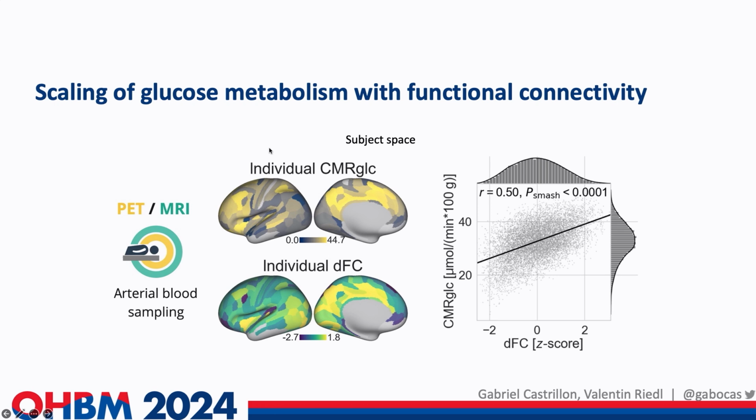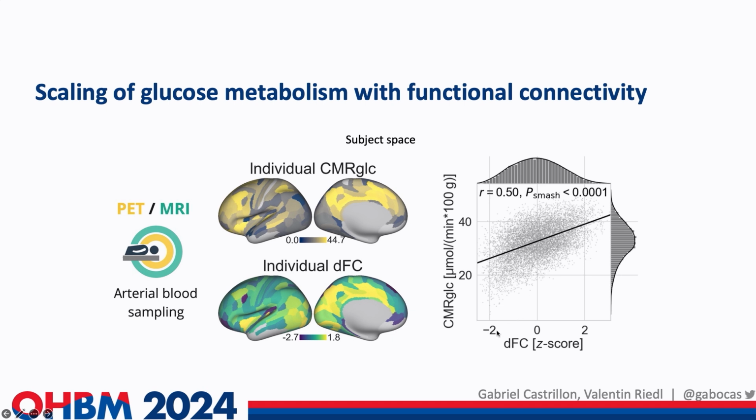From the resting state fMRI, the degree of functional connectivity was computed, and you can see a map in the same individual below. Now, in this individual, the two metrics are related, so there's a positive linear relationship between them. This was done voxel-wise, so the dots you see there are voxels in the gray matter.